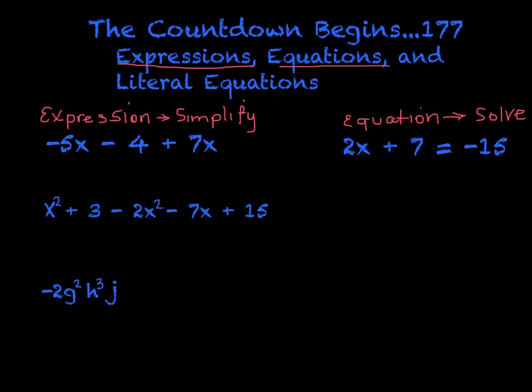So we're going to start on the left with the expressions. And expressions, since they can be simplified, we have to combine like terms. And the first question that pops up is, what the heck is a term? Terms will be separated by addition and subtraction. So in this first example, there's a subtraction and an addition, which means I have one term, two terms, three terms.